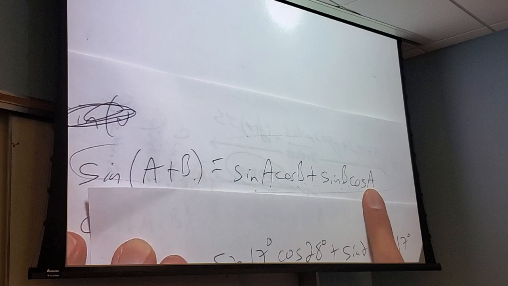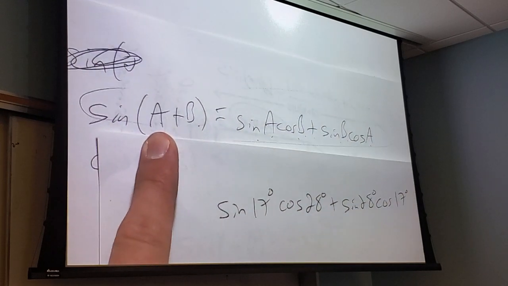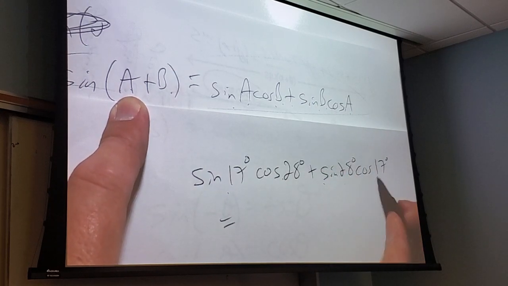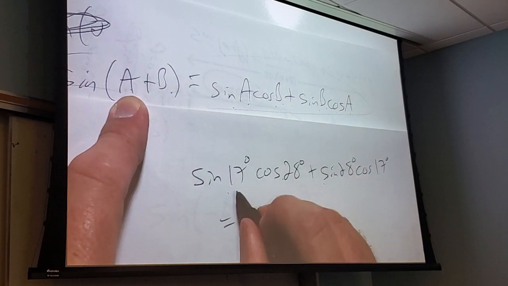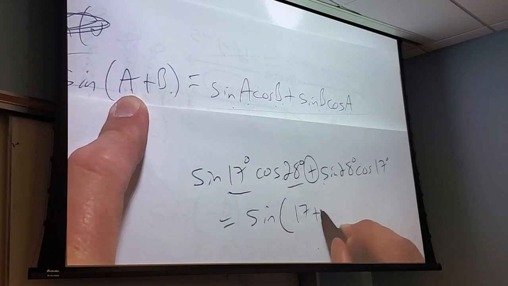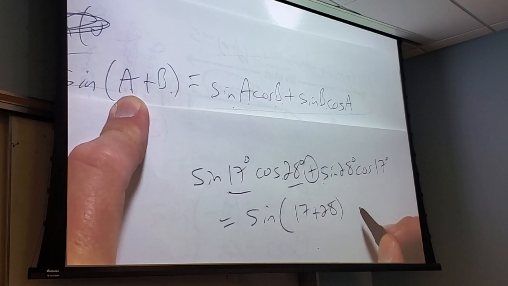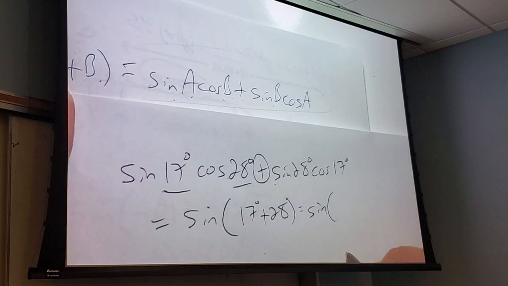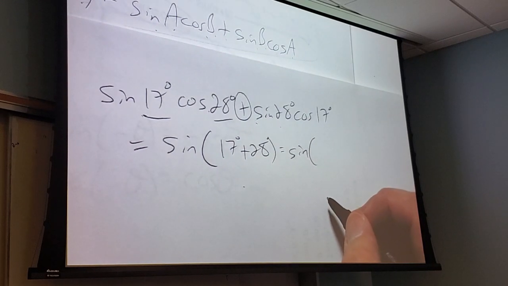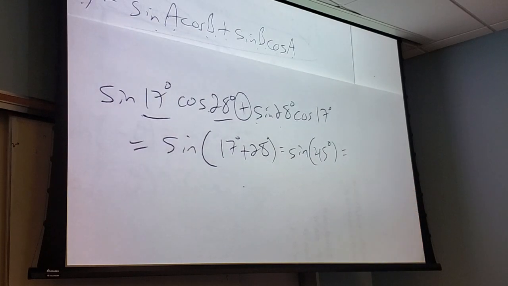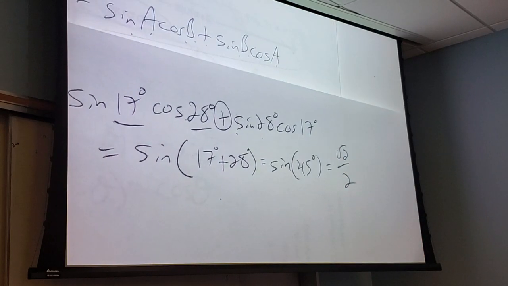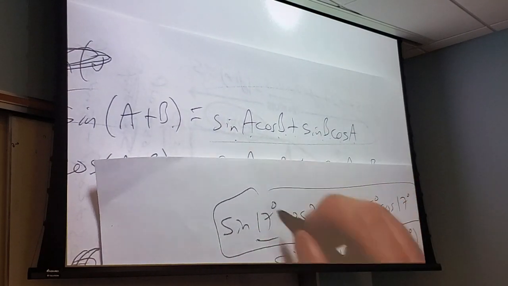So what is this equal to? This is sine cosine plus sine cosine. Okay, so it must be the sine of these two angles added together. Good job, buddy. What is 17 plus 28? 45. And what's sine 45? Root 2 over 2. Completely undoable before today. Doable now.